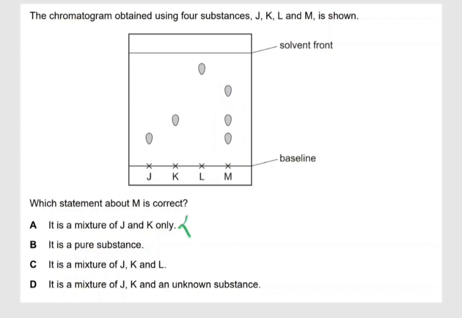It is a mixture of J, K and L. No, clearly not, because you don't have something associated with L here, so that's also wrong. It is a mixture of J, K. That's correct. It has J, it has K, and an unknown substance, which is actually correct.